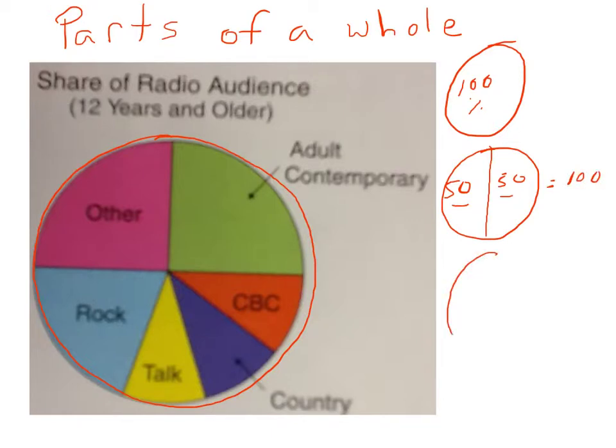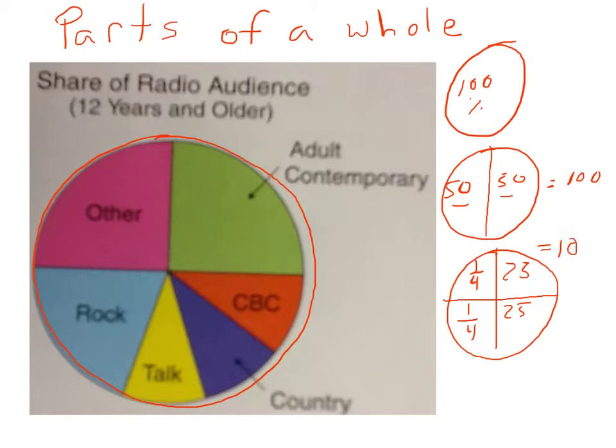And just like in fractions when we reviewed it before, if I split it up into 4 equal quarters, just like this, each quarter equals 25%, or 1 out of 4, which is the same thing, it's just shown in fraction form. That means when you add up all these choices together, each one will equal together a total of 100% again. So that's the idea behind pie charts and how they show parts of a whole.